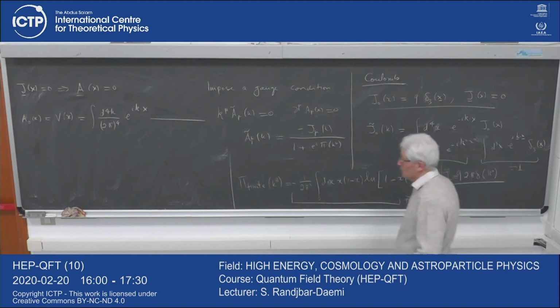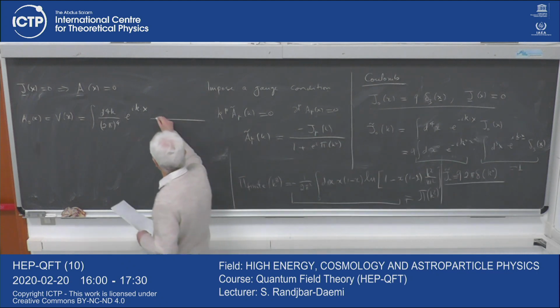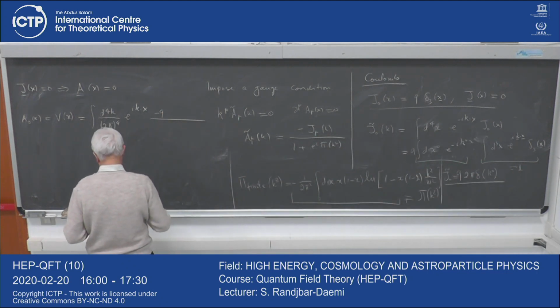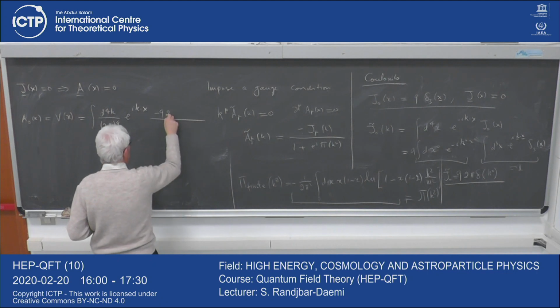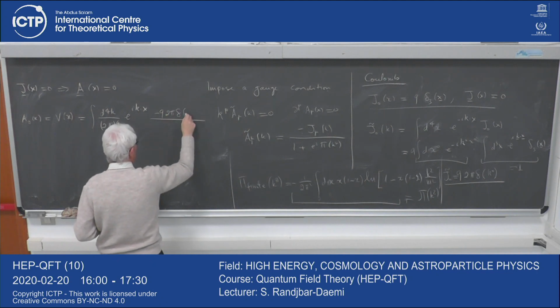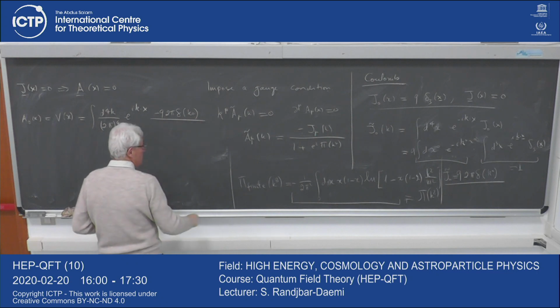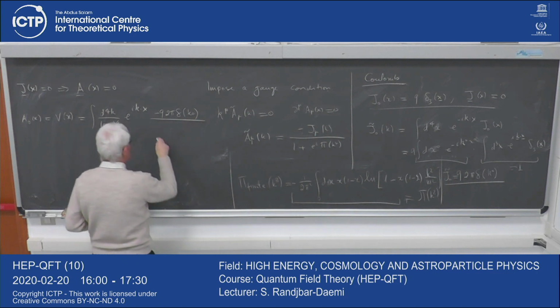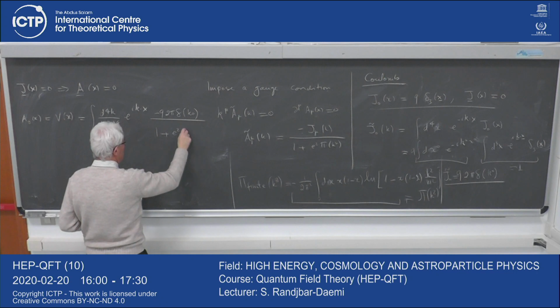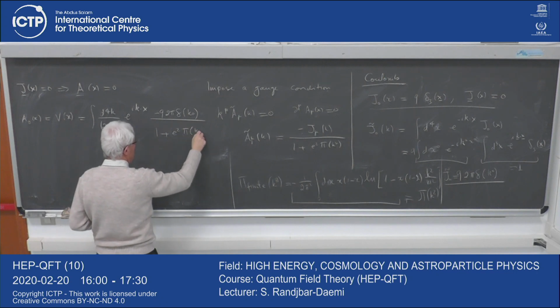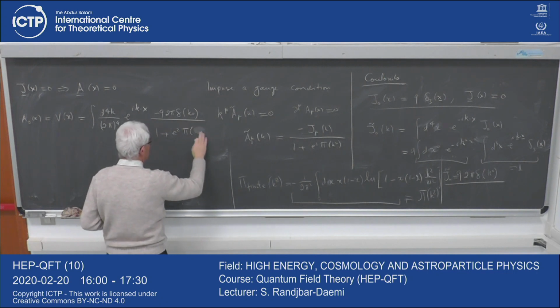We are going to substitute from there. That's minus Q times 2 pi times delta of k0 divided by 1 plus e squared pi k squared.